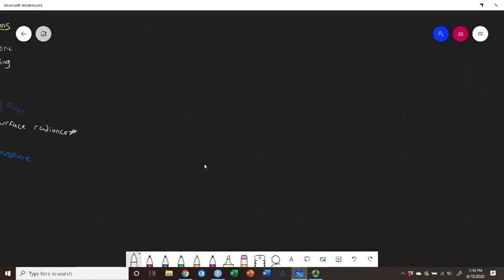And we call this percent reflection, or you'll often see it called surface reflection. Right. So percent reflection or surface reflection.